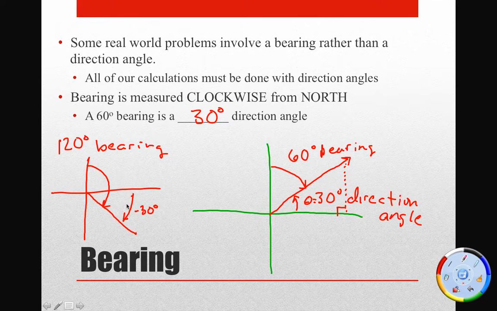And we can use negative 30s in our calculations. I don't think much of what we're going to be doing in this particular lesson has these negative angles. Most of this is going to be out in here. But we need to understand this idea of bearing. When they use the word bearing, we normally have to change our angle.